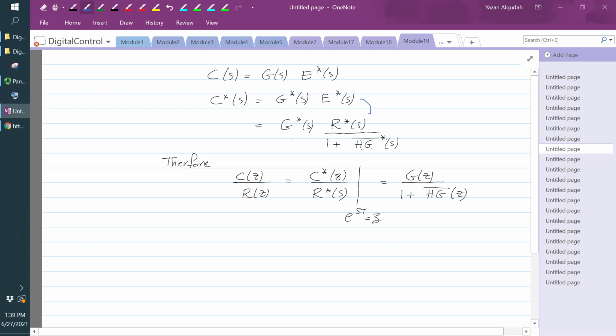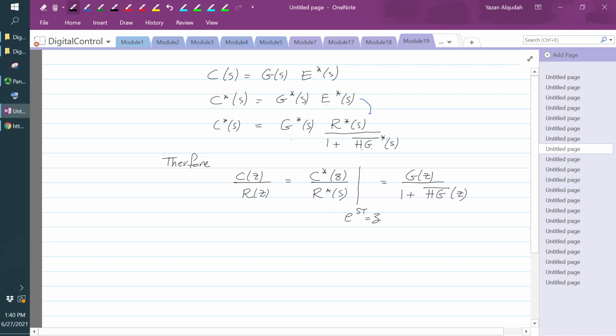And therefore, I can write C star of S divided by R star of S is going to equal G star divided by 1 plus H multiplied by G over all star.